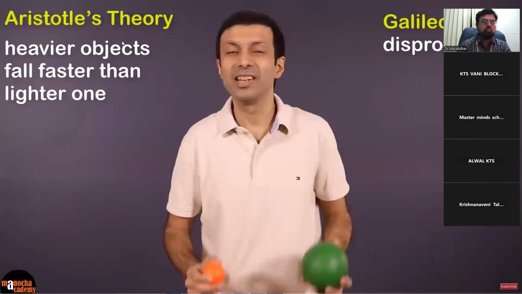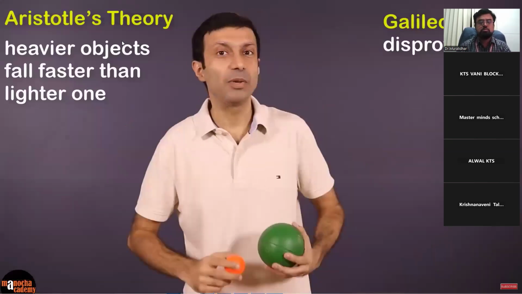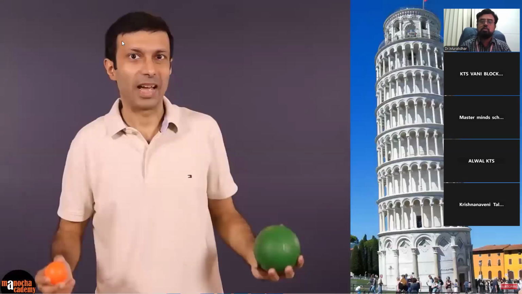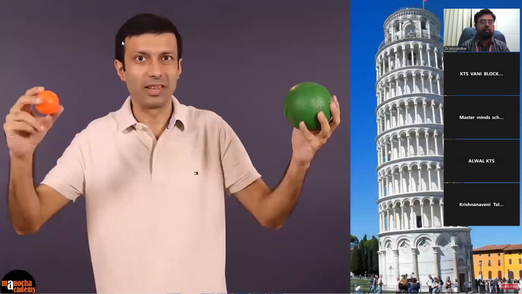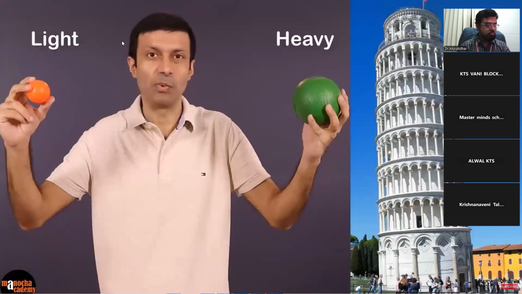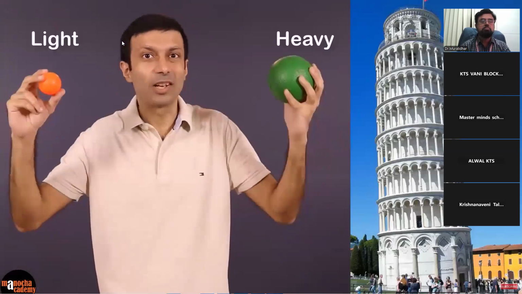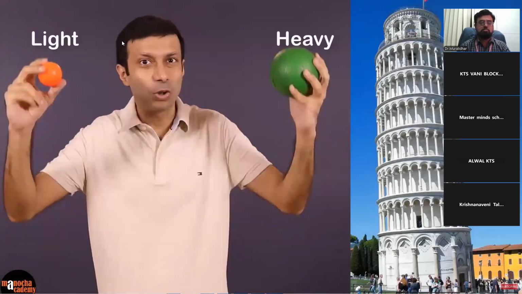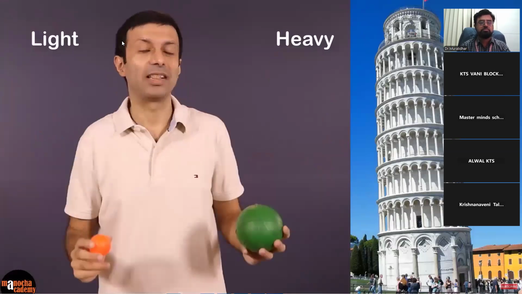Legend has it that Galileo went up the famous Leaning Tower of Pisa and he dropped two balls, one light and a heavy one. And all the crowd gathered there saw that both the balls hit the ground at the same time.